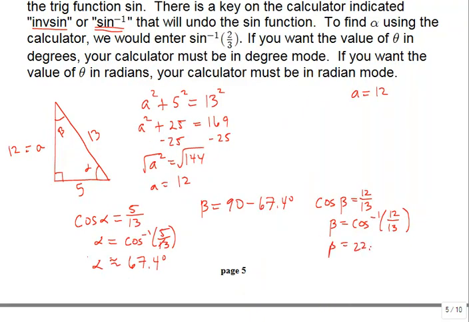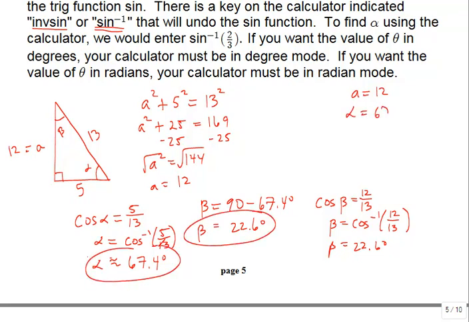And that's exactly what you would get if you subtracted 90 minus 67.4. So you have lots and lots of choices for how to find these values. So we found alpha was 67.4 degrees, beta was 22.6 degrees, and we knew that side A was 12.